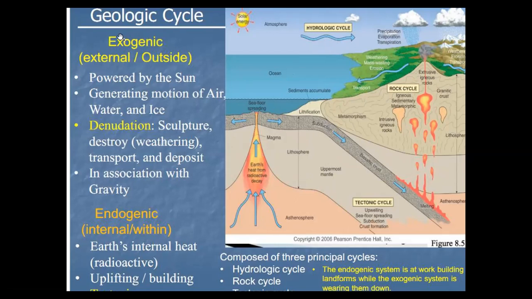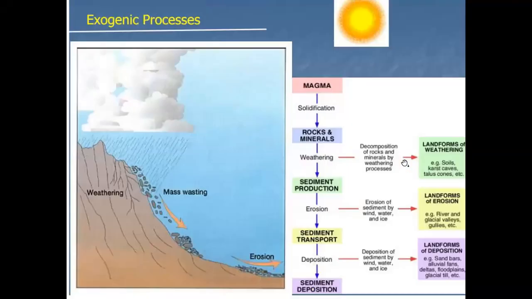You have what we call exogenic processes, or external processes, that are taking place on the Earth's surface. And then we have what is called endogenic processes that are taking place in the Earth interior.